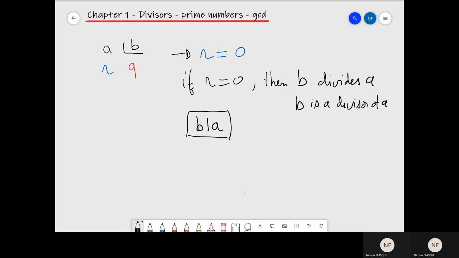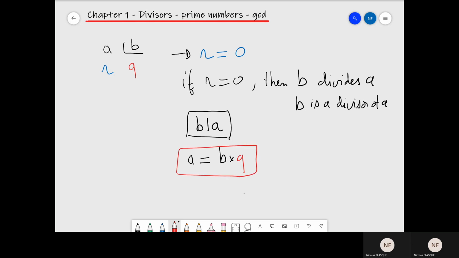So why do I specifically speak about the fact that when the remainder is equal to 0, then b divides a? It's because this property is very important for integer numbers, and it will be the core of what we'll see later in the course. So when b divides a, then a is equal to b times q plus 0.